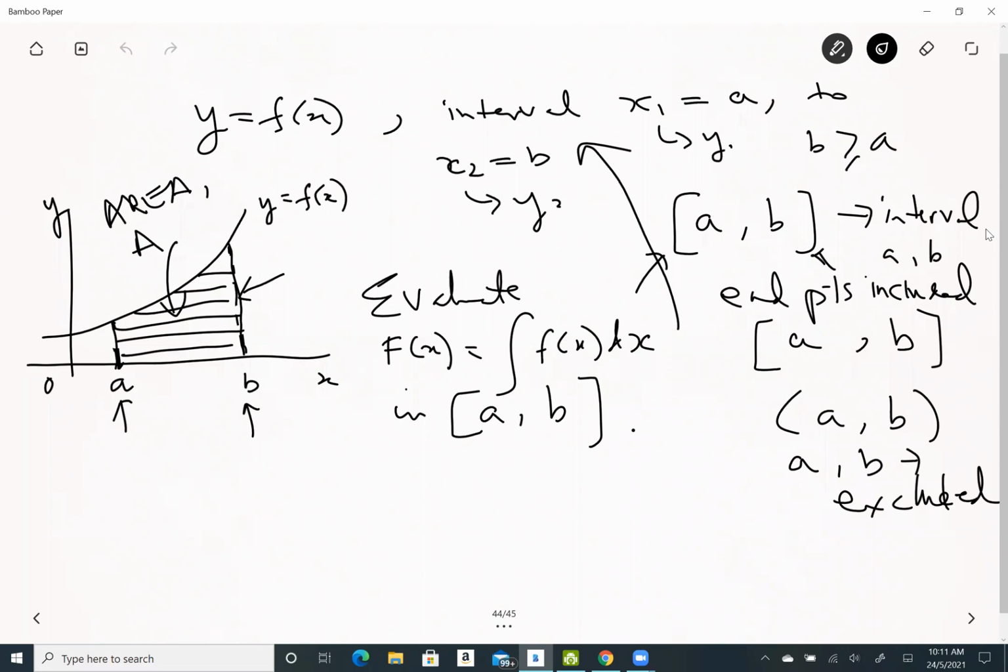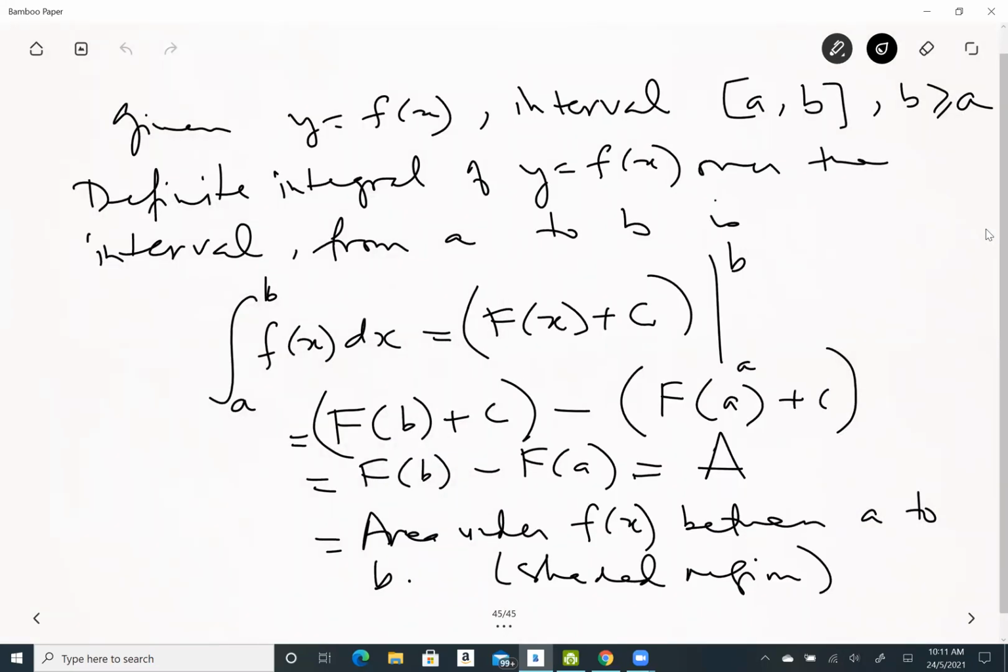We integrate the function, evaluate the integral at B, and then evaluate the integral at A, and subtract. What you get will be the definite integral from A to B, which is the area under the curve between A and B.